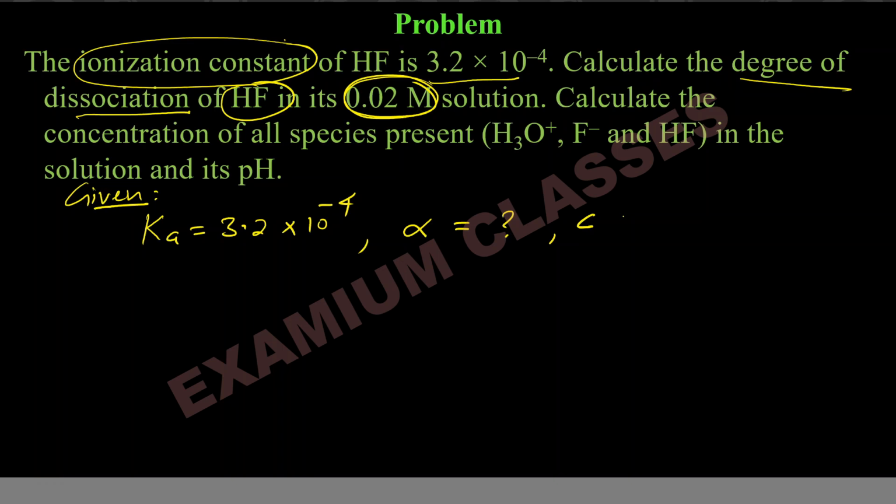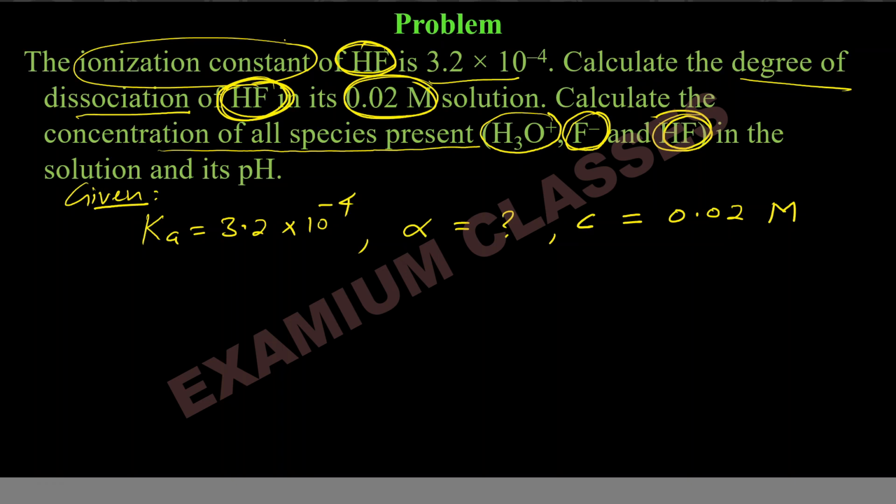Why will hydronium ion be there? It will be from this HF and also from water dissociation. Then F minus will be from HF dissociation only. Obviously some part of HF will not get dissociated because Ka is 3.2 into 10 power minus 4, which means not much dissociation will take place. So some part of HF will remain.